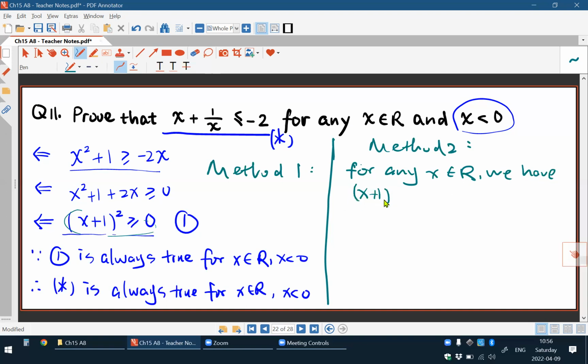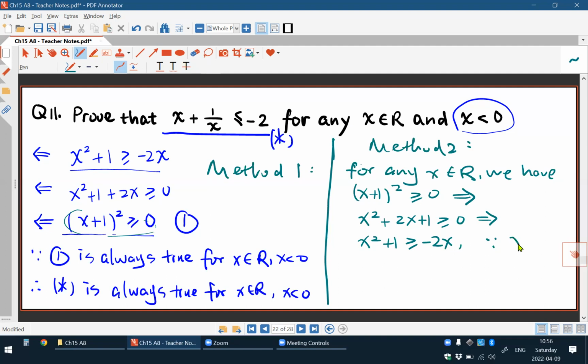x plus 1 squared greater than or equal to 0, right? Which means x squared plus 2x plus 1 greater than or equal to 0, right? Which can indicate x squared plus 1 greater than or equal to negative 2x, right?